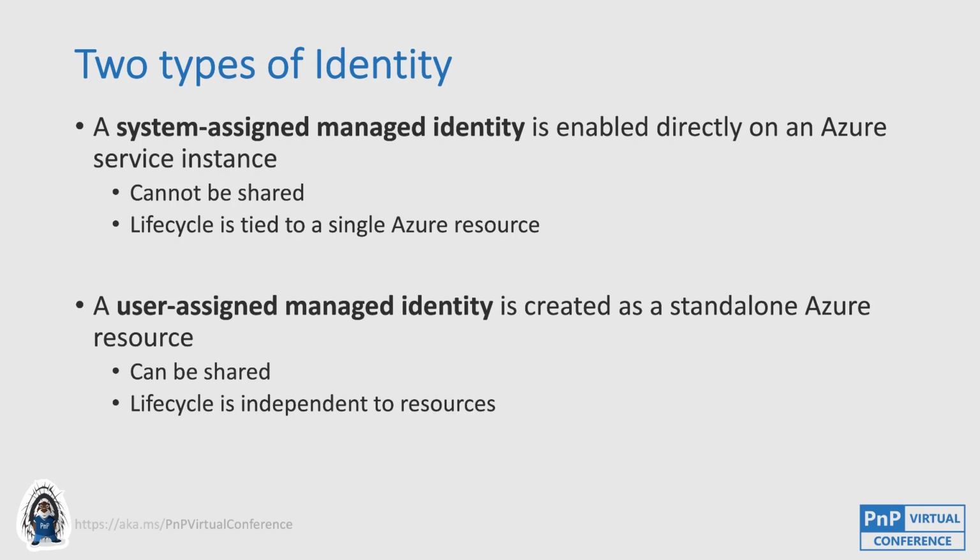Its lifecycle is tied to that resource, meaning if that resource is deleted, the managed identity is also deleted. In contrast, a user-assigned managed identity is created as a standalone resource. It's a standalone identity that can be shared across multiple resources, but its lifecycle is independent of those resources. So if a resource is deleted, the user-assigned managed identity remains.